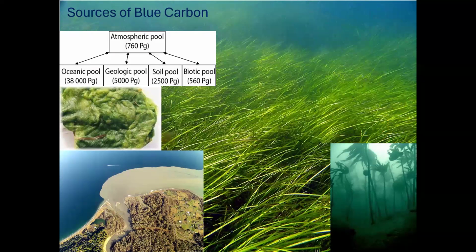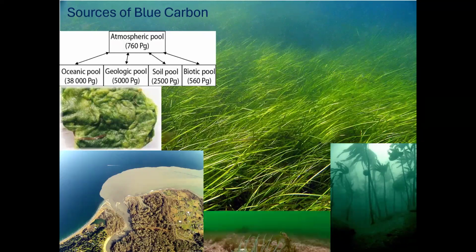Some of it's consumed by detritivores, and that can end up in the soil component of the mangrove ecosystem. Other bits just rot away and slowly become buried by minerogenic components of the sediment, and then they can be locked away in the soils themselves.